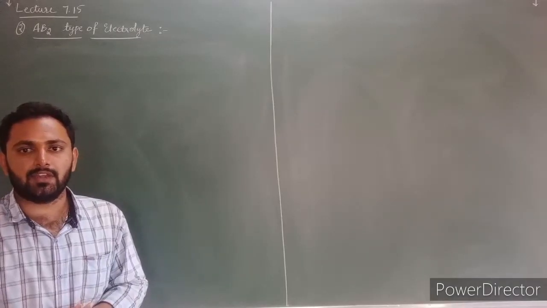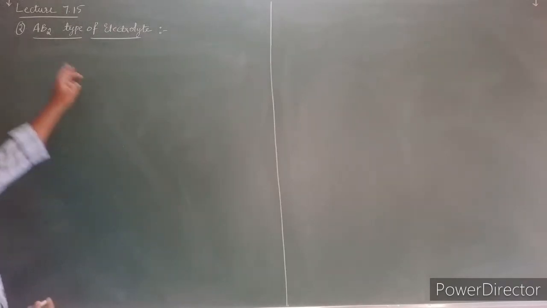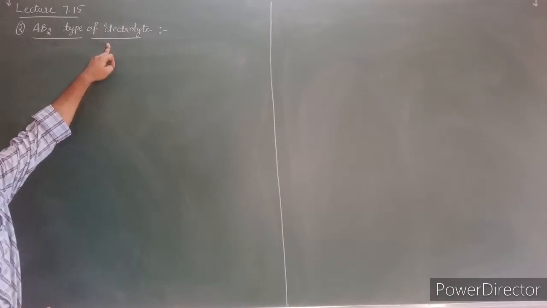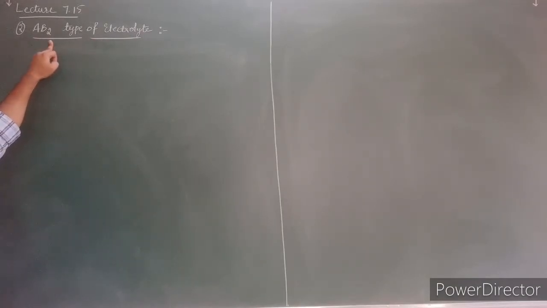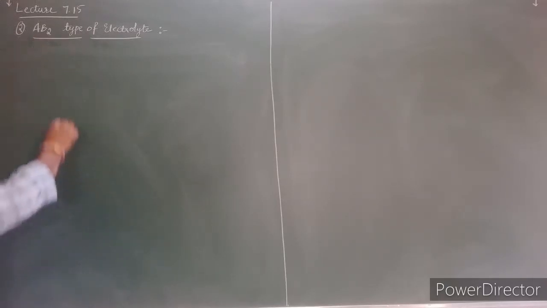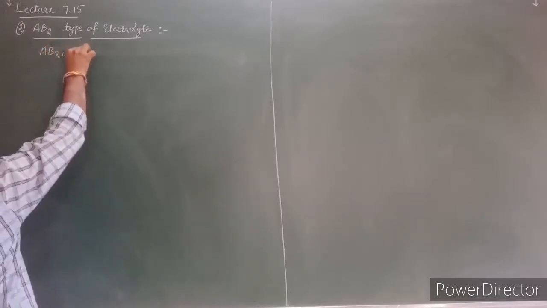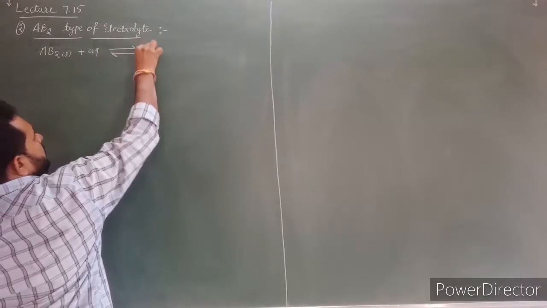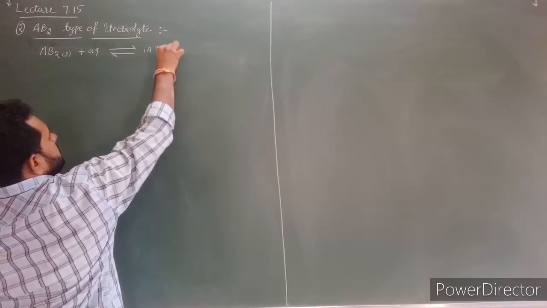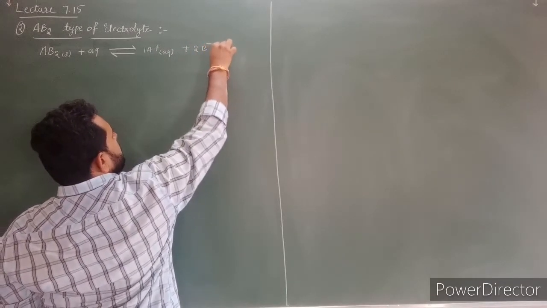Next, let us derive the relation between solubility product and solubility for AB2 type of electrolyte. In AB2 type of electrolyte, the ratio is 1:2. For 1 A atom, there are 2 B atoms. When AB2 type of electrolyte is dissolved in water, it dissociates into 1 mole of A plus ions and 2 moles of B minus ions.